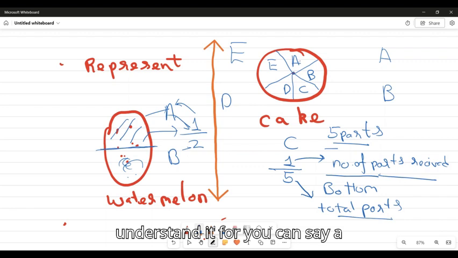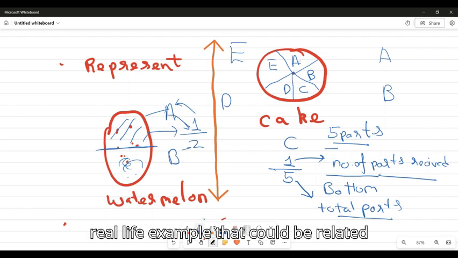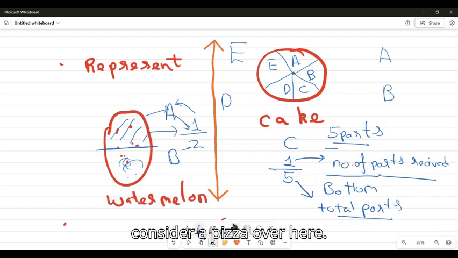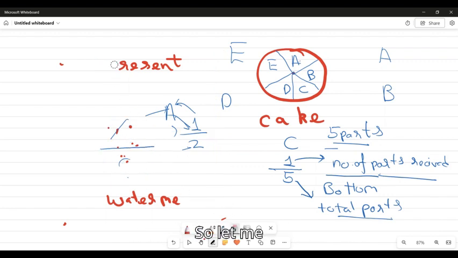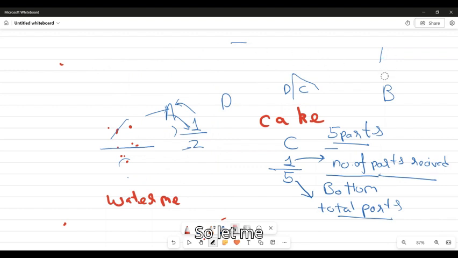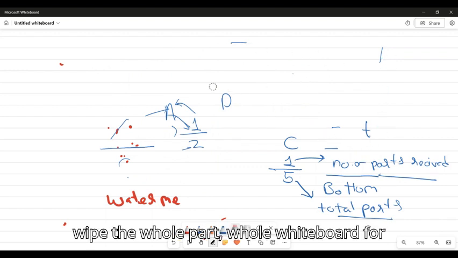Now to understand it, a real life example that could be related to by everyone, for example we can consider a pizza. Let me wipe the whole whiteboard for you.